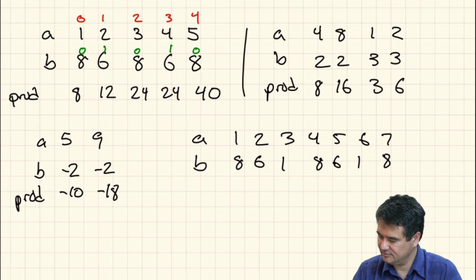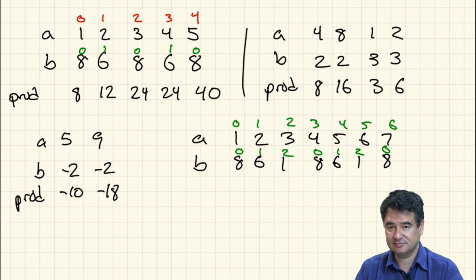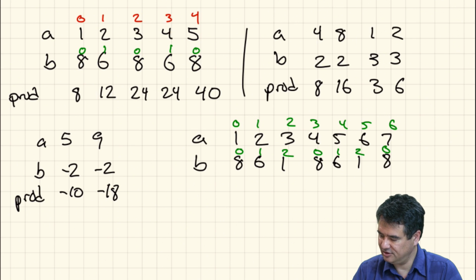So if I go with the index numbers, 0, 1, 2, 3, 4, 5, 6. And the index numbers here are 0, 1, 2, 0, 1, 2, 0. Okay, do you see that? These correspond very nicely. When you go to 3 here, you loop back to 0. When we go to 4, you loop back to 1. And we go to 5, you go to 2. And we go to 6, you loop back again to 0.